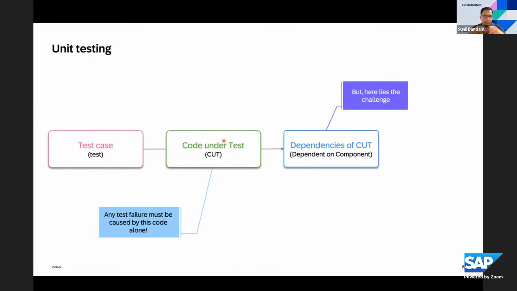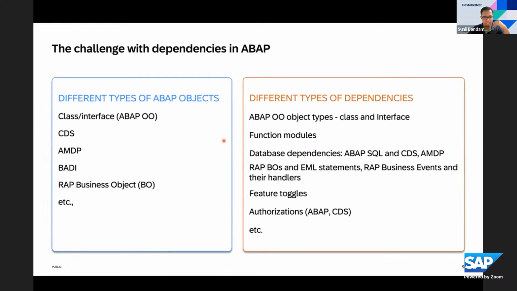So when my focus is to test a particular code that I have written, often the challenge comes in writing that test, in having stable tests. Often the challenge comes from the dependencies of the source code, because that will not be in my control. And now in ABAP, the challenge is a little more, I would say. Why?